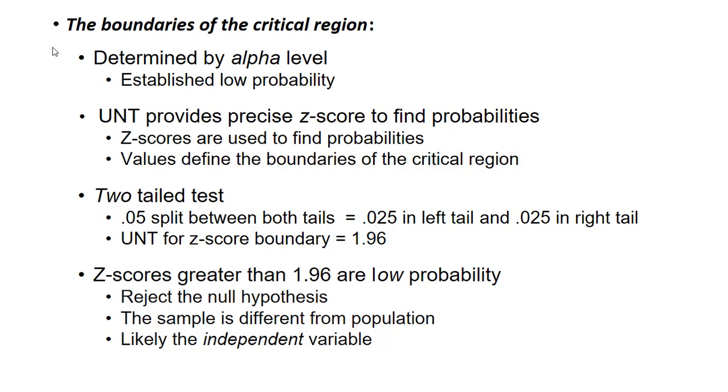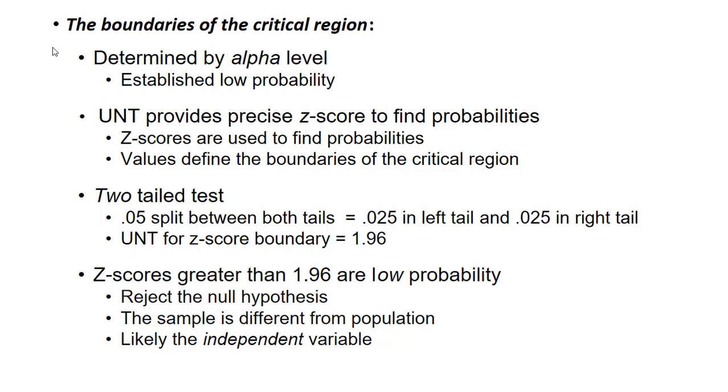That means z-scores for our sample mean above 1.96 would be considered a low probability event, not likely to happen, and a z-score below negative 1.96 in a two-tail test is also pretty unlikely, and we consider that to be a low probability event.